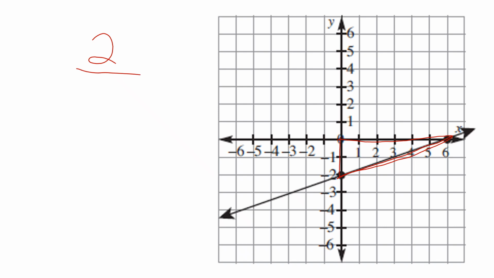We find our run. For our big triangle, it is going across 6. So here, rise over run is 2 divided by 6, which is a third. And we can see that this is quite a gentle slope. It's still positive because it is going upwards.